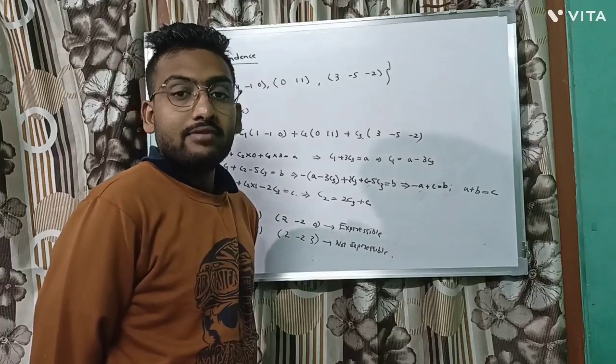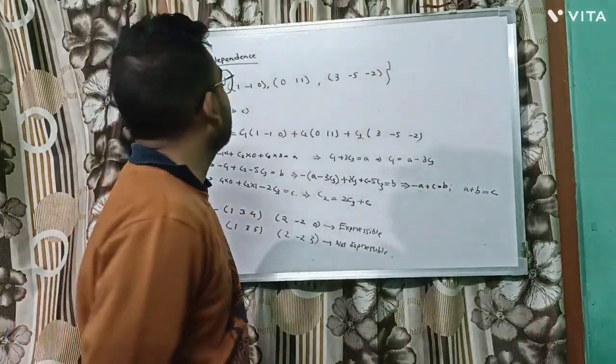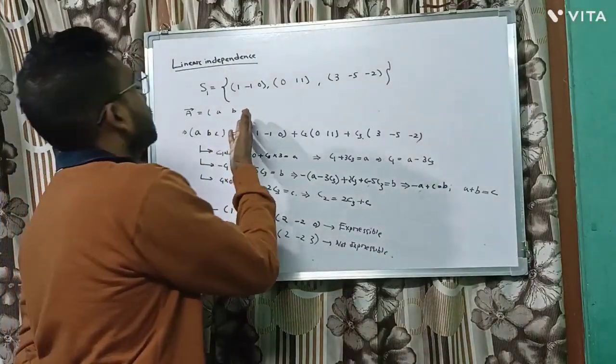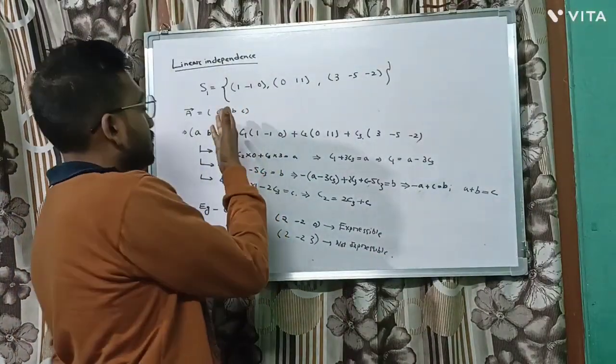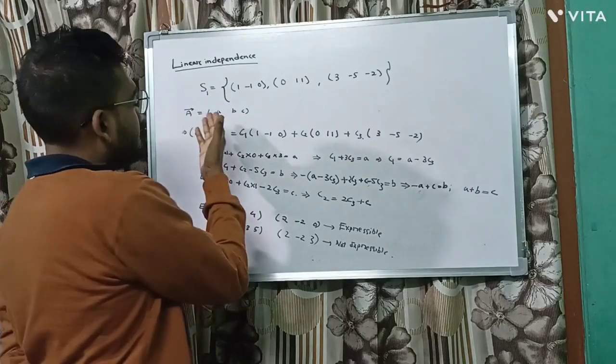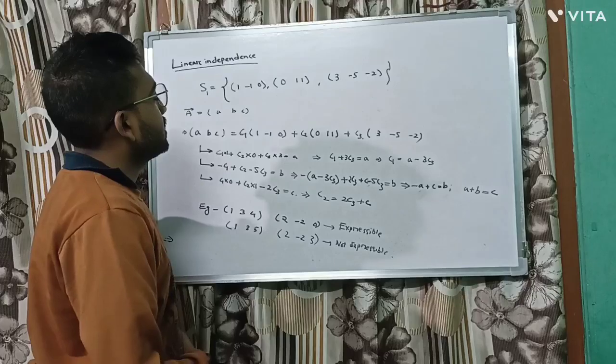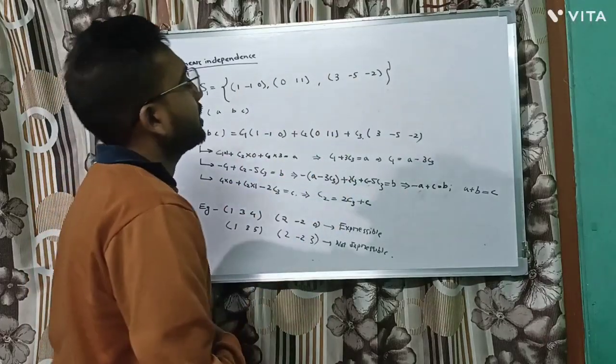Let us check if any vector can be expressible in terms of S1 or not. I have taken an arbitrary vector (a, b, c), so let me try to express (a, b, c) in terms of these three vectors.